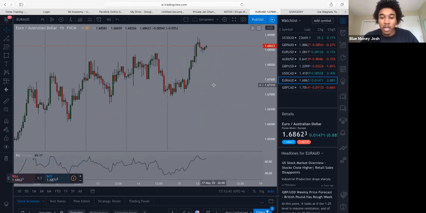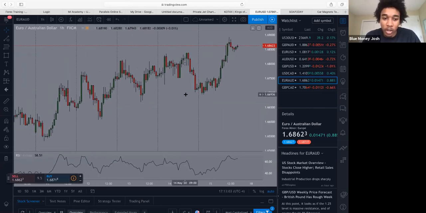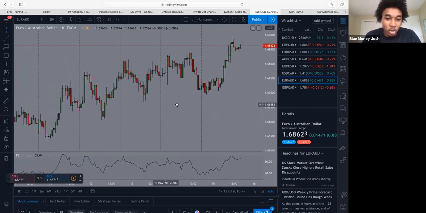The main thing with price action is not always the candle itself, but like I was saying, the wicks. You're gonna want to look for those wicks. The wicks tell the story of where the market is trapped, where the price is trapped, and where the market's not gonna go.